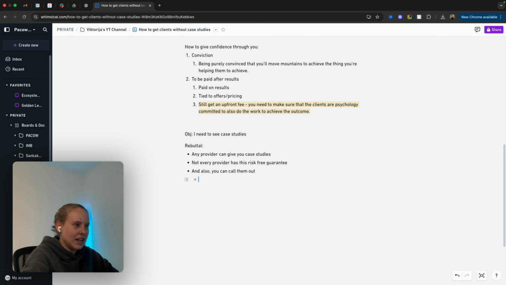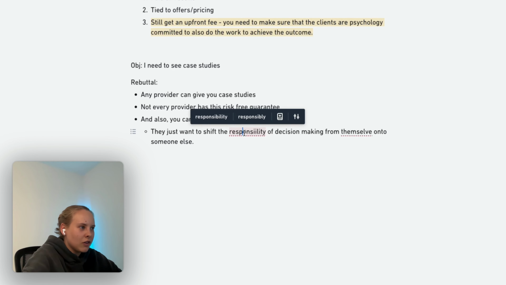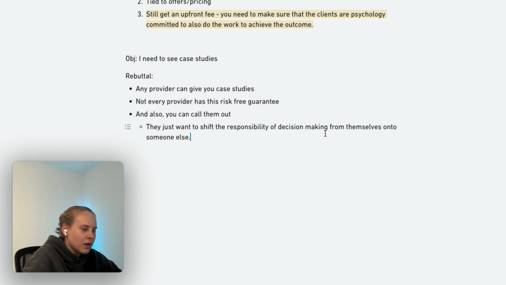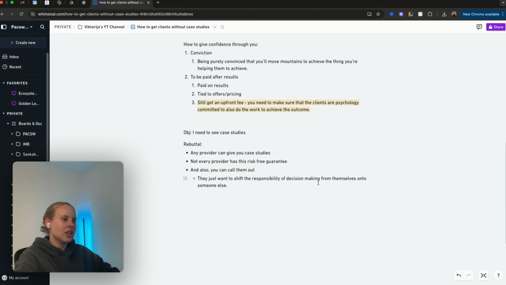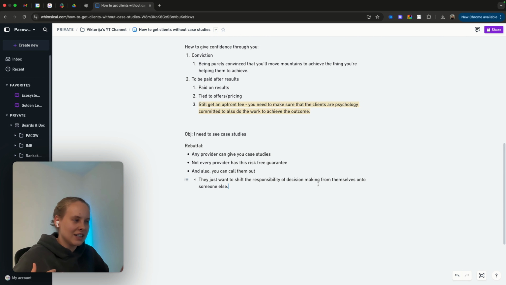You can say that every time I speak to someone and they ask me to show them case studies, what they usually really mean is that they just want to shift the responsibility of decision making from themselves onto someone else, right? Because at the end of the day, they're still the ones making the decision, and so any case studies won't change it, right?